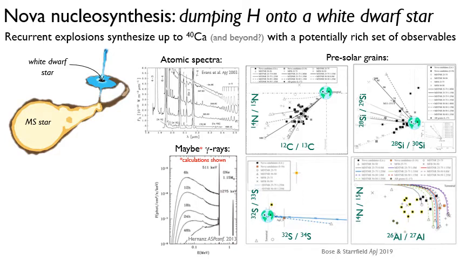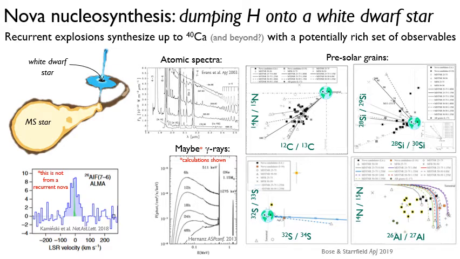Maybe in the future you could potentially observe gamma rays from the short-lived nuclei created in this environment. Nova nucleosynthesis makes very proton-rich nuclei up to calcium-40. Some of these are going to be short-lived and produce gamma rays. At the moment no one has detected them yet, but in principle it could be possible. Another possibility that has not been detected yet is to use molecular rotations.